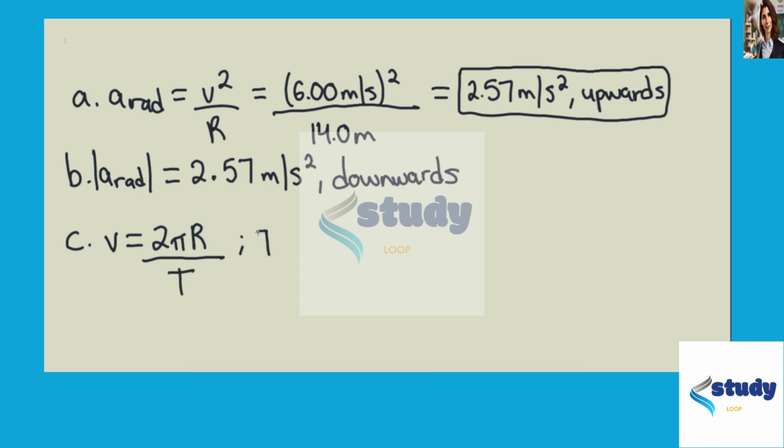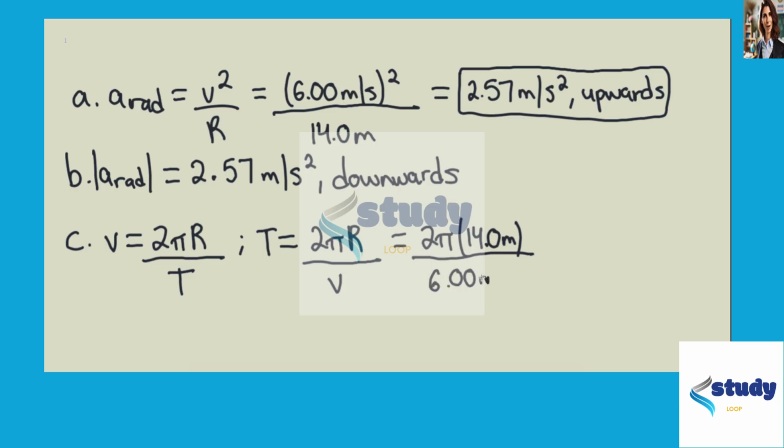And so solving for the period, this would be simply the circumference of that proposed circle, or 2 pi r, divided by the linear speed with which you are traveling. This would be equaling 2 pi times 14.0 meters, divided by 6.00 meters per second. And we find that here the period is equaling approximately 14.7 seconds. This would be our period for part C.